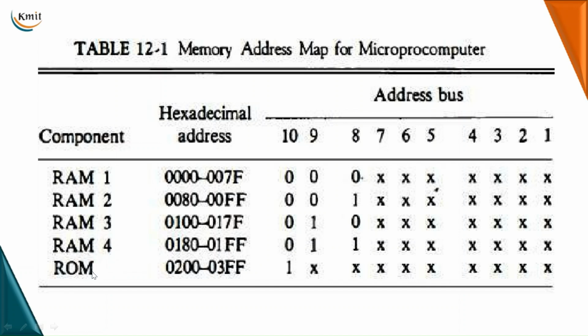Similarly, the 10th bit specifies whether it is a RAM or a ROM. So whenever your 10th bit is 0, it means that the RAM is selected. And whenever your 10th bit is 1, it means that the ROM is selected. So this is how you are mapping each and every chip of your computer to the particular hexadecimal address and your address bus. So this is called memory address map.